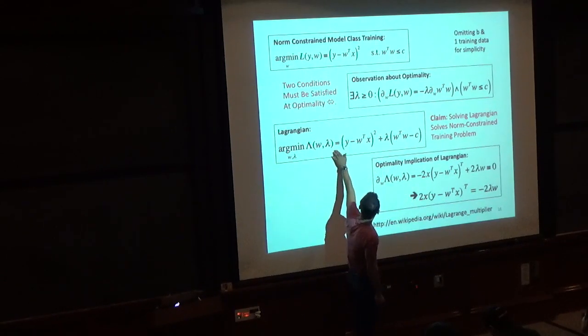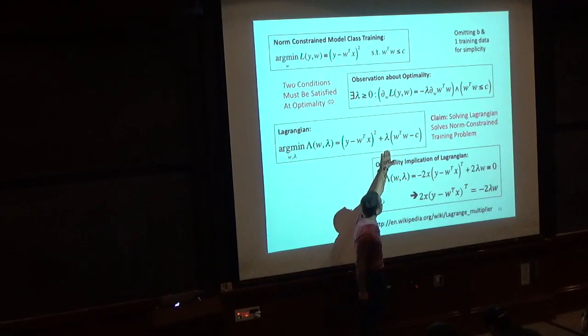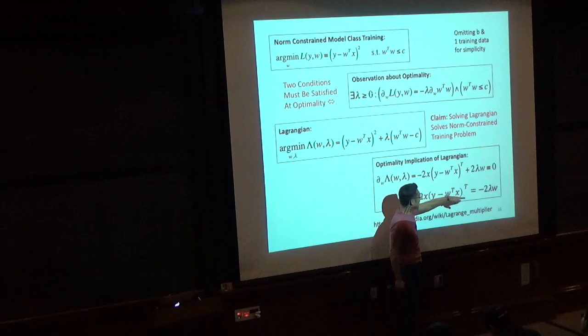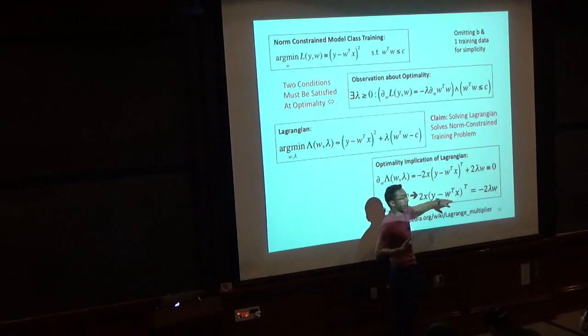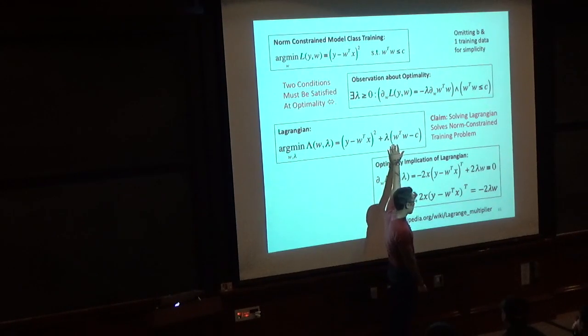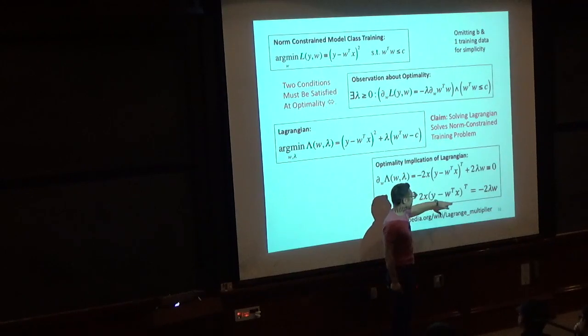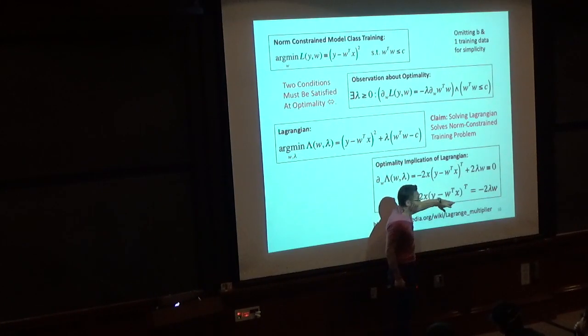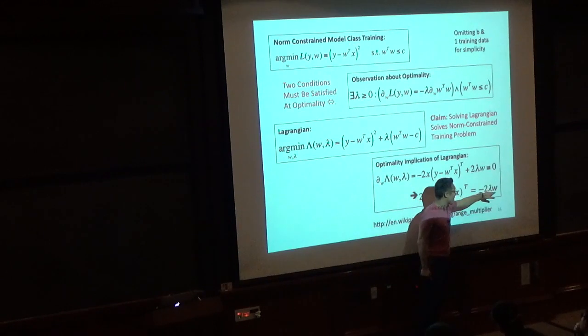So if we take the gradient with respect to W of this Lagrangian and set it to 0, here's an equality that must be satisfied at the optimal solution to this Lagrangian. This is exactly the optimality condition that we saw up there, where the gradient of the loss function must be a scalar multiple of the gradient of the constraint boundary.